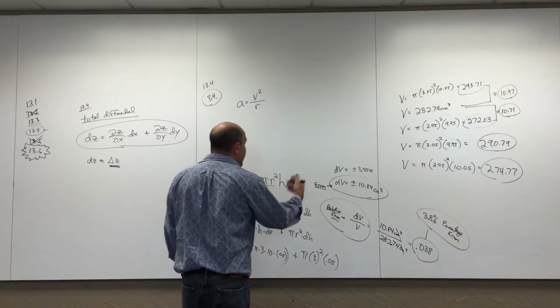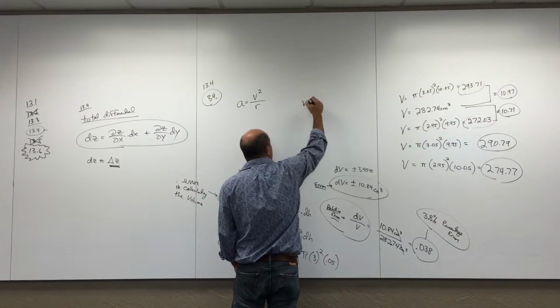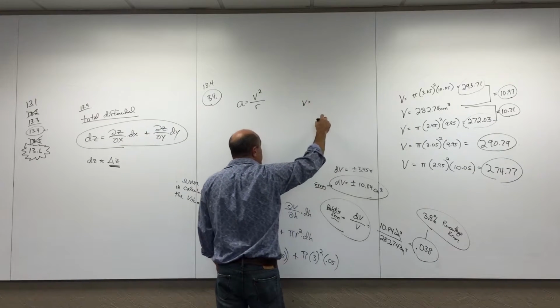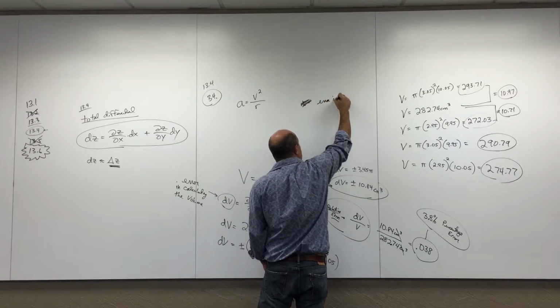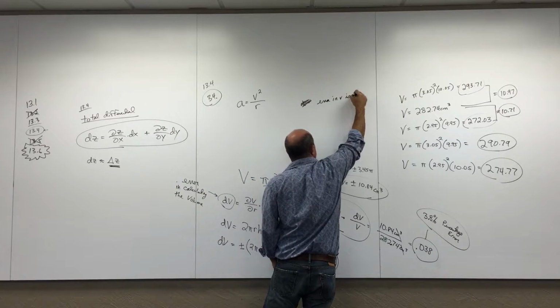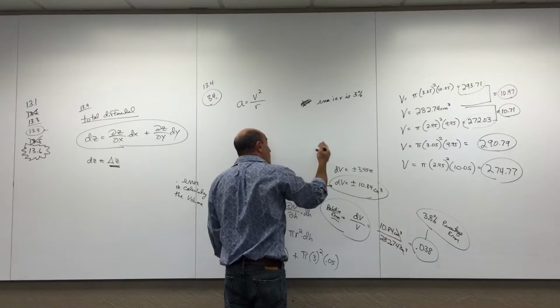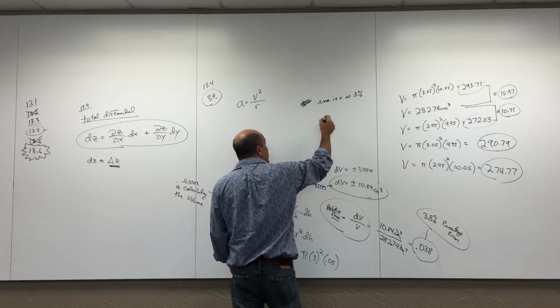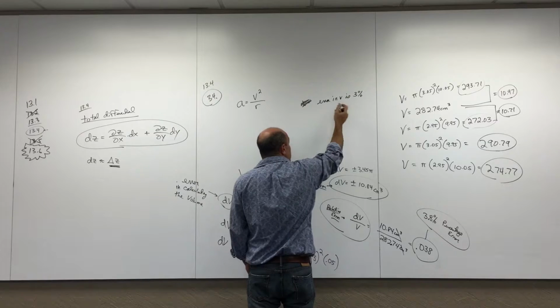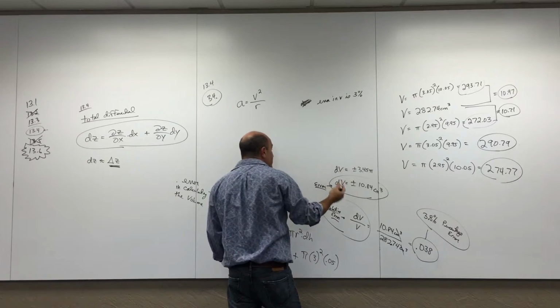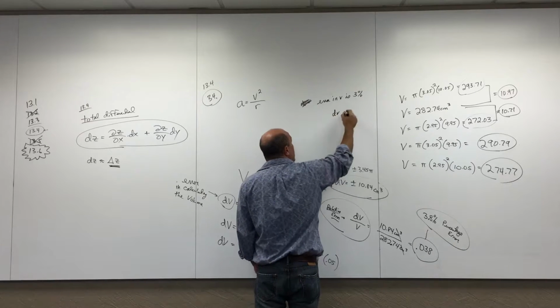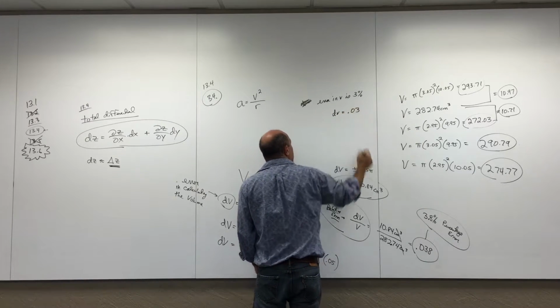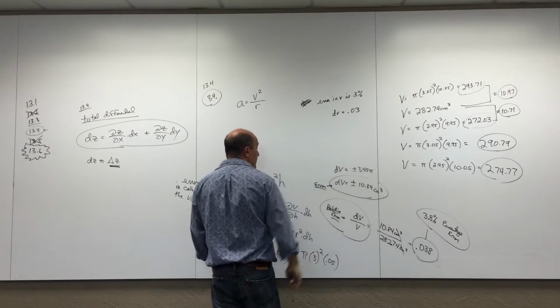So they just told me that the error in v is 3%. Now, I want you to listen close here. You might be tempted, like the last problem, to write down that the error for v is 3%. There's a big problem with that.